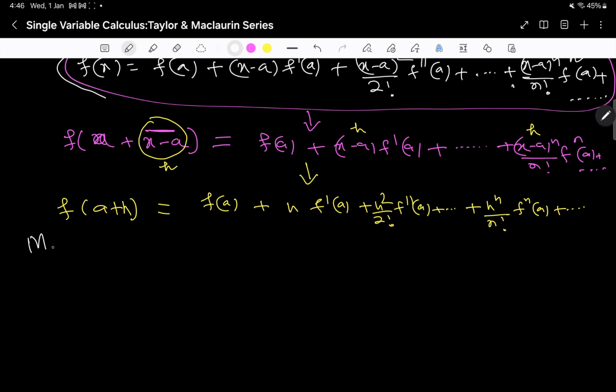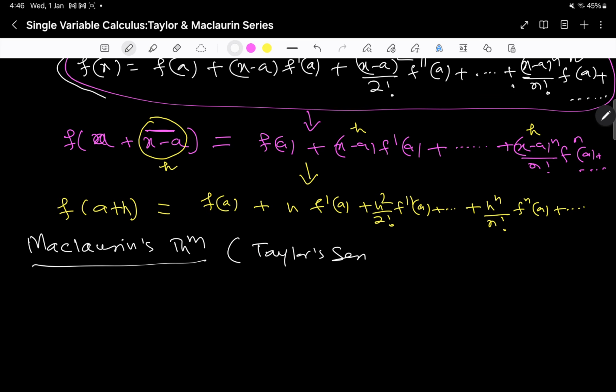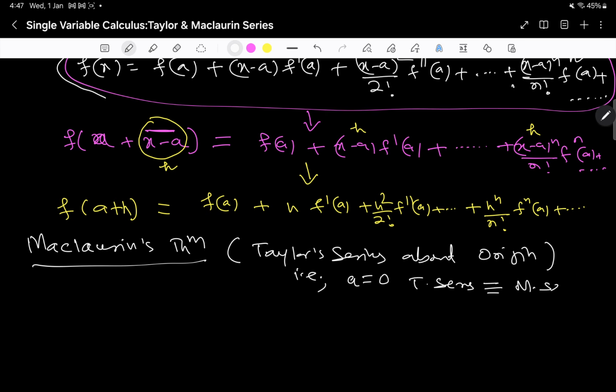Next, coming to the Maclaurin's theorem. It is simply the Taylor series about origin. So that means if we put a is equal to 0 here, then your Taylor series is the same as your Maclaurin series.